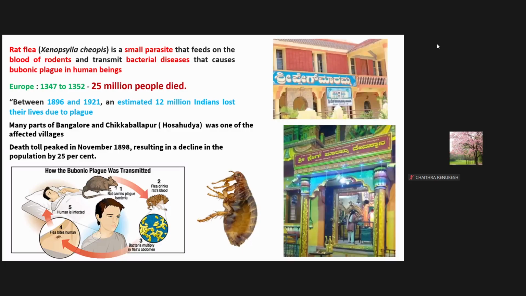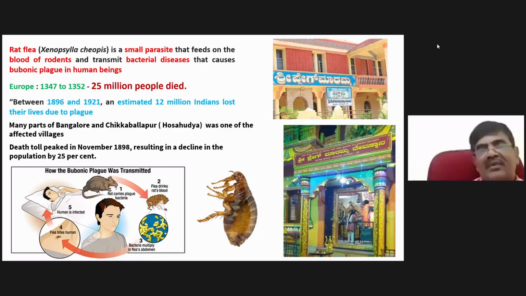If you go to Chikbalapur district, in Hosudya village, even today you find temples built in the name of plague. Even in Bangalore you have some temples. They have kept the name of the temple as Plague Marama Devasthana, meaning at that time they prayed to the god to keep away this plague disease.